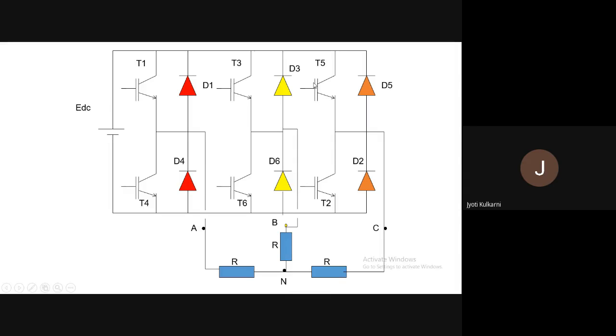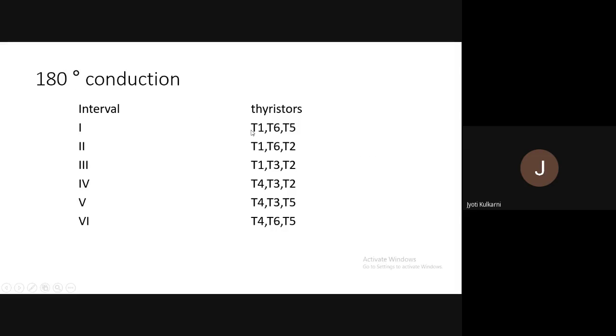So how will I represent it in the load? First device, sixth device, and fifth device. It means the A branch is because of T1, the B branch is because of 6, and the C branch is because of 5. So here I have written the names 1, 6, 5. The first notation gives me the A branch node, the second notation gives me the B branch node, and the third notation gives me the C branch node.